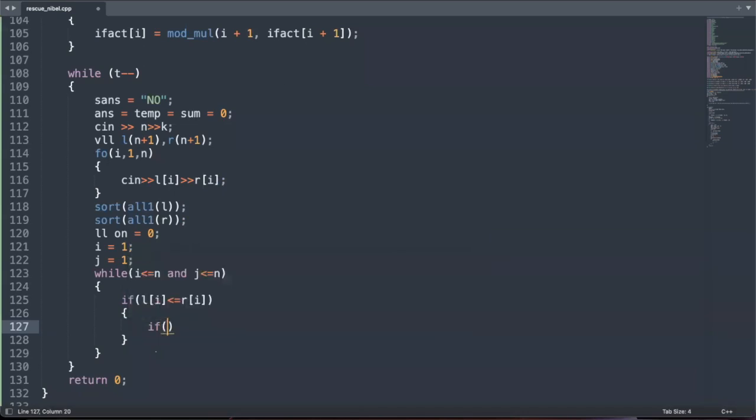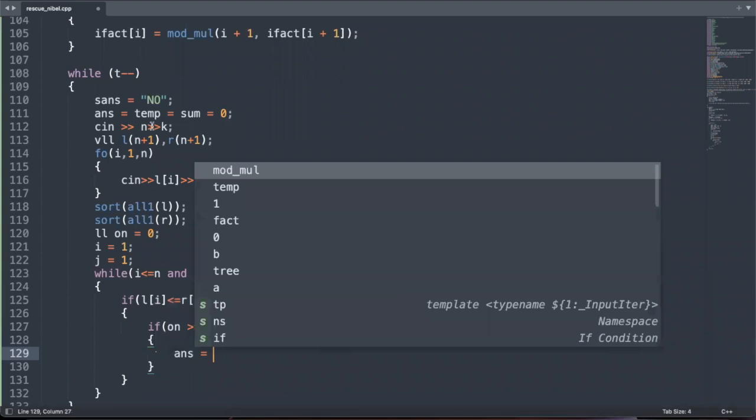So now if the number of lamps which were on was previously greater than or equal to k minus 1, then I will add something to my answer. Okay, so we also have to change this mod value.